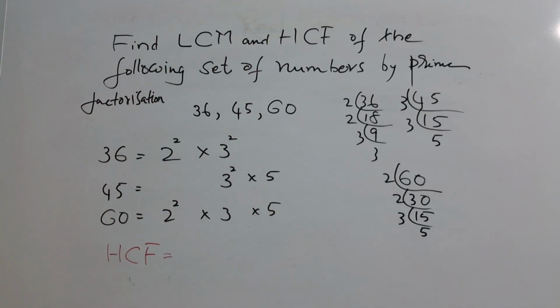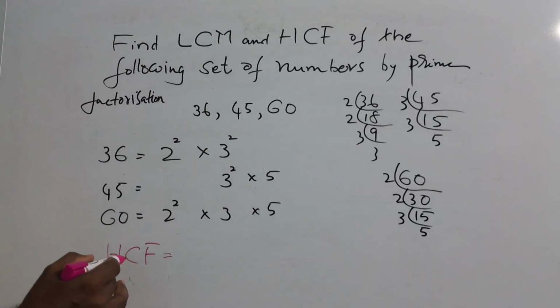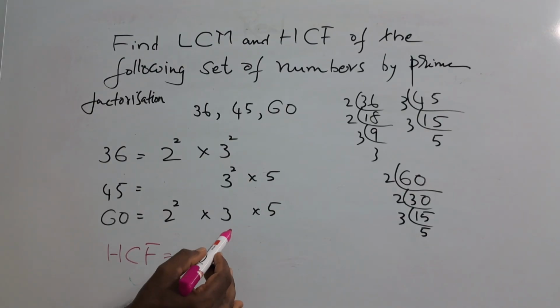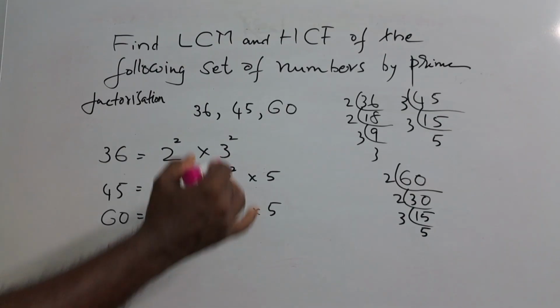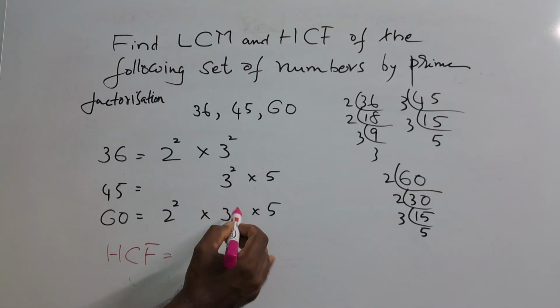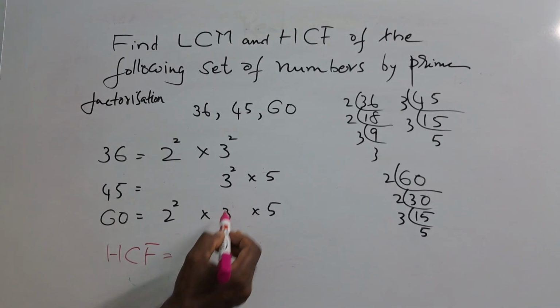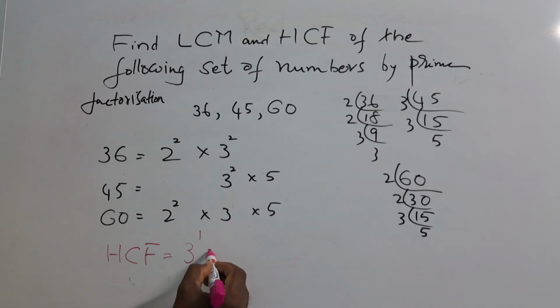So we have only one common factor, that is 3. To find the HCF, we consider the common factor having the least power. Here it is 3 raised to 1, so 3 is the HCF of the set of numbers.